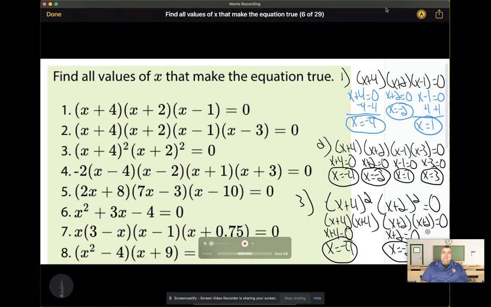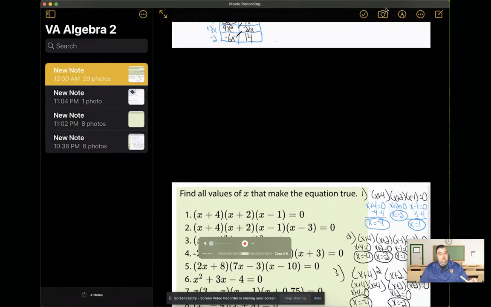I'm going to get x equals negative 2 twice. So do these squares actually affect the x-intercepts? The answer is no. I'm just going to get the same x-intercept more than once. So I still only have two x-intercepts here: x equals negative 4 and x equals negative 2.